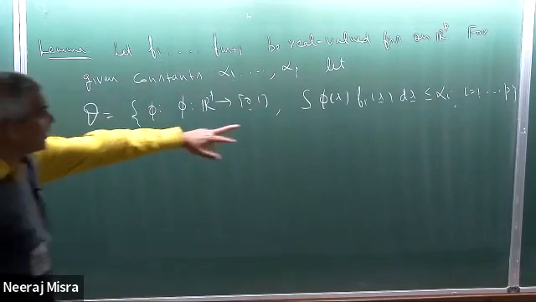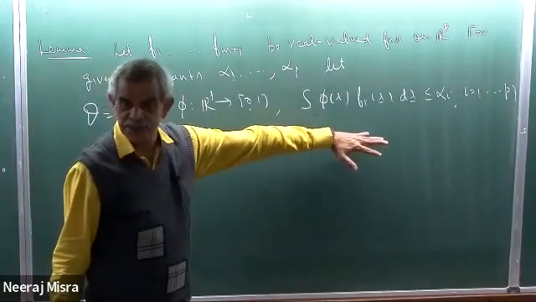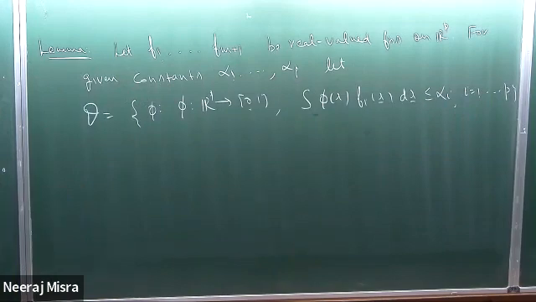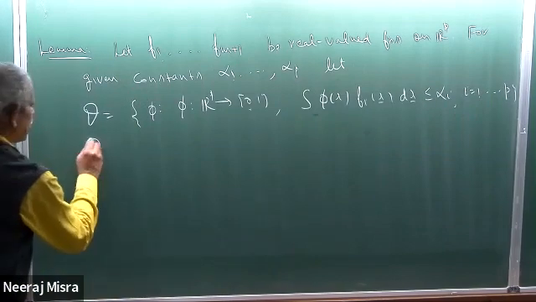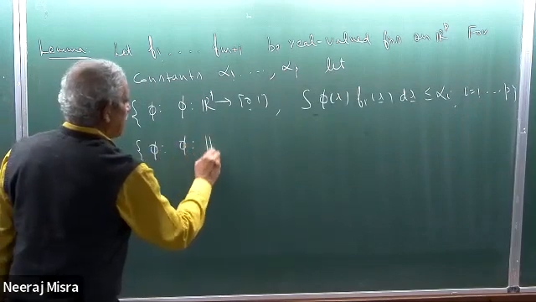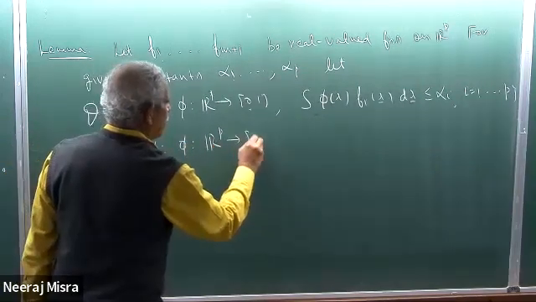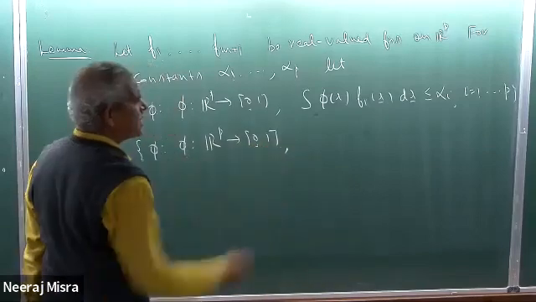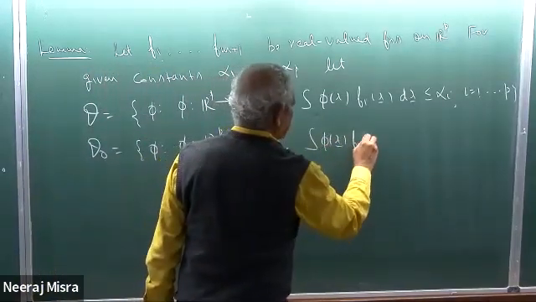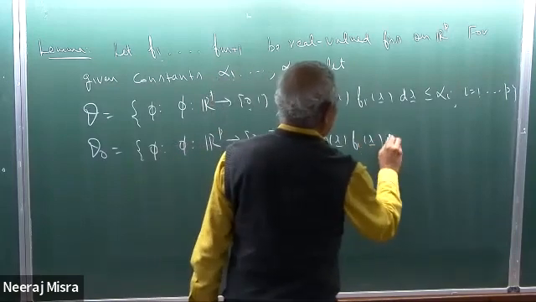Except that now you have m hypotheses, integral over phi fi. And D naught is the collection of all those phi's such that phi is from Rp to [0, 1], such that this quantity is exactly alpha i.